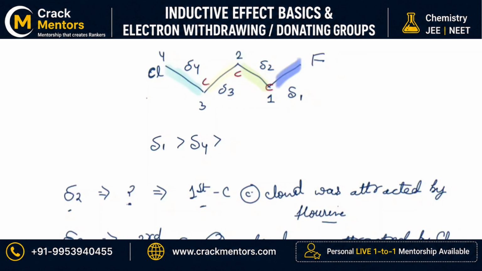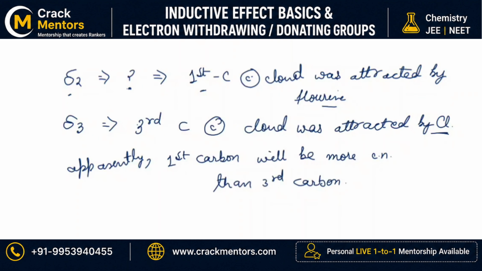So first carbon will be more electronegative because it is in need of more electrons. So first carbon will be more electronegative than third carbon. Right? Because in the third carbon, its electrons were attracted by chlorine and chlorine is less powerful than fluorine.